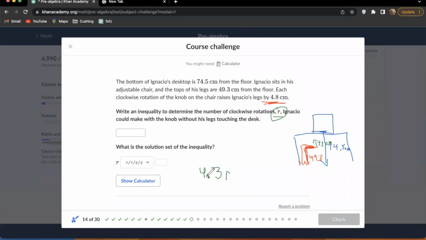So we need 49.3 plus. This distance, he's already at 49.3, and he's getting 4.3 centimeters closer per rotation. That total distance he cannot exceed. The height needs to be less than or equal to the total height to the desktop, which is 74.5.